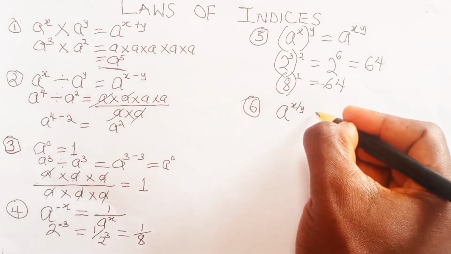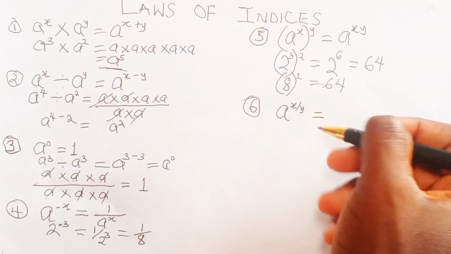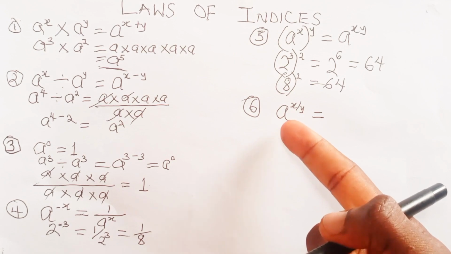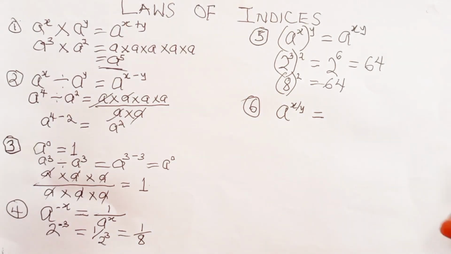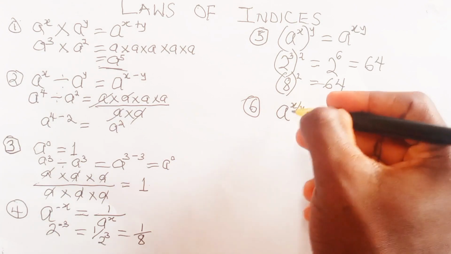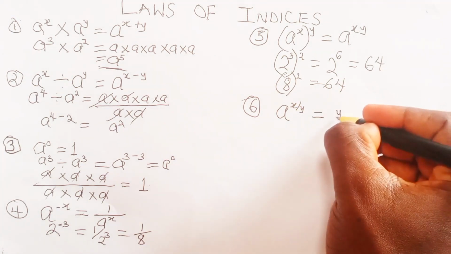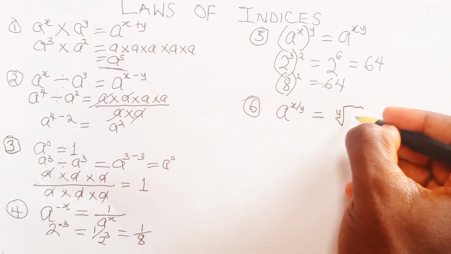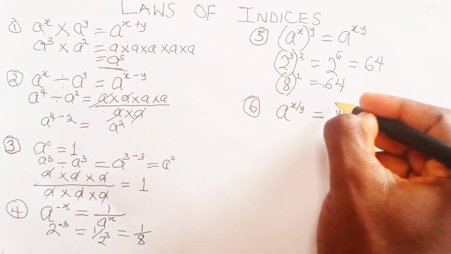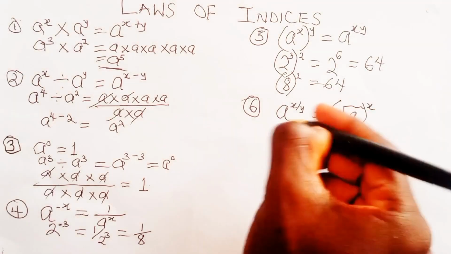What we do with this law is that we take the denominator of the fraction, we use it to look for the root of a, while the numerator remains as a power. What this means is that this is going to become the yth root of a raised to power x. This is what this law tells us.